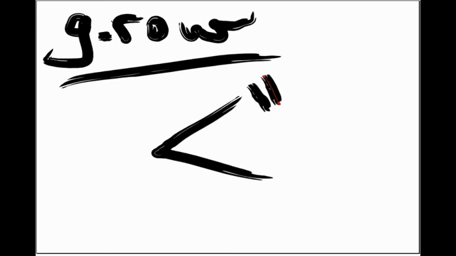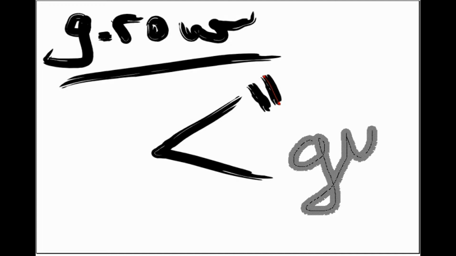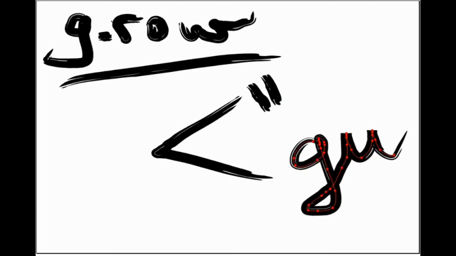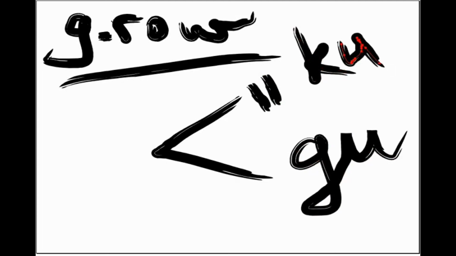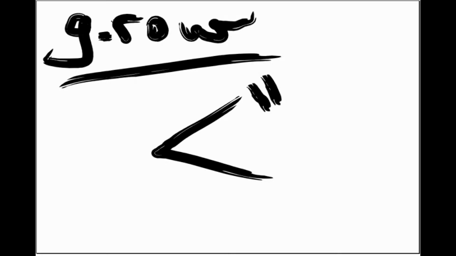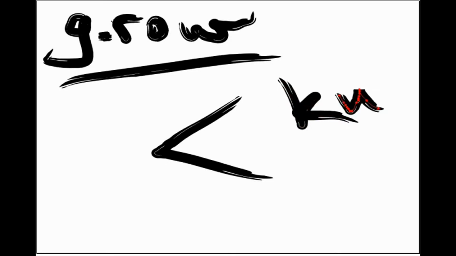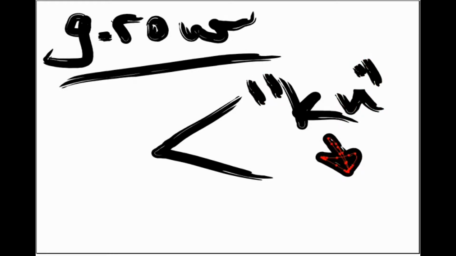So here is gu. Which comes from ku, just with some dakuten on top. And here's ku. And with dakuten, it turns into gu.